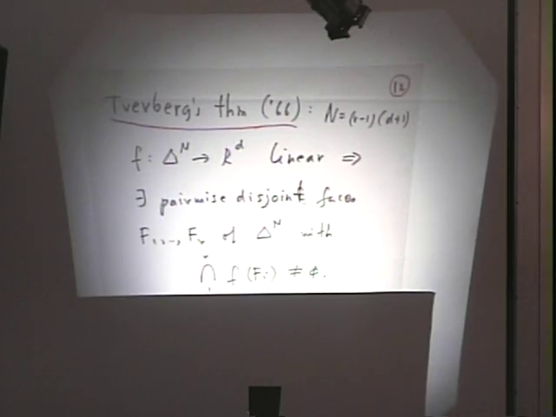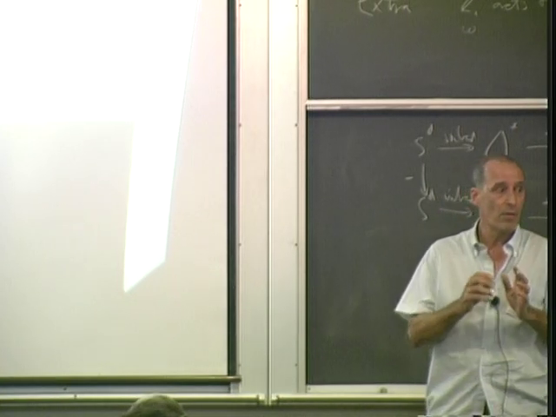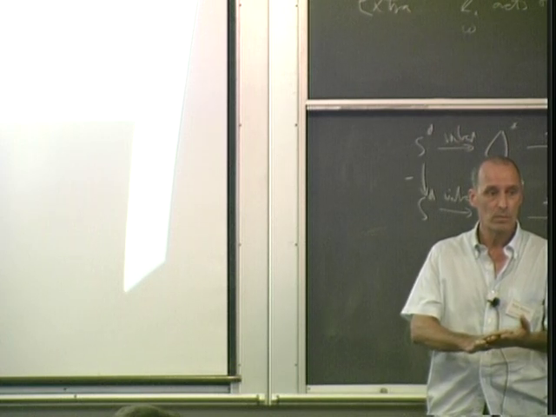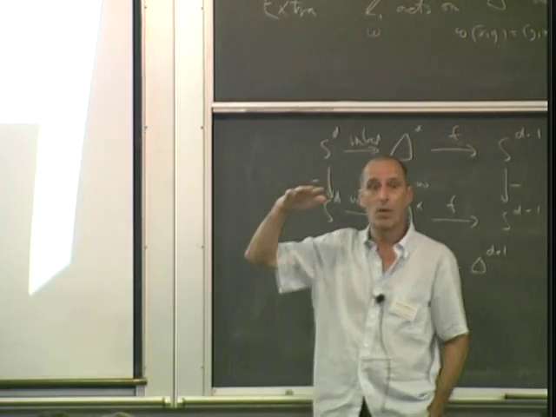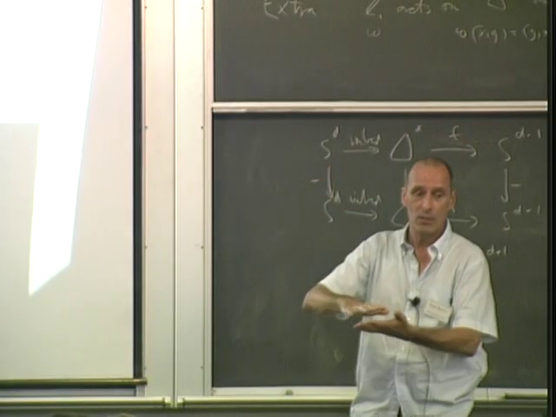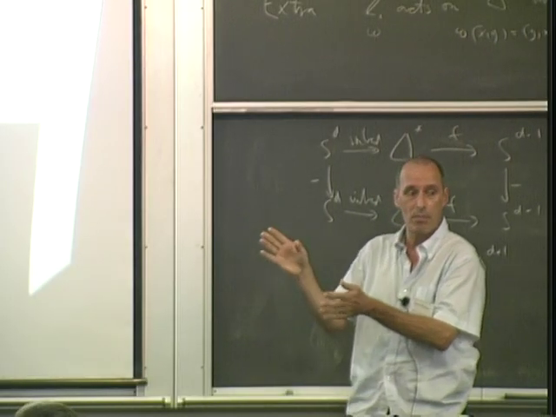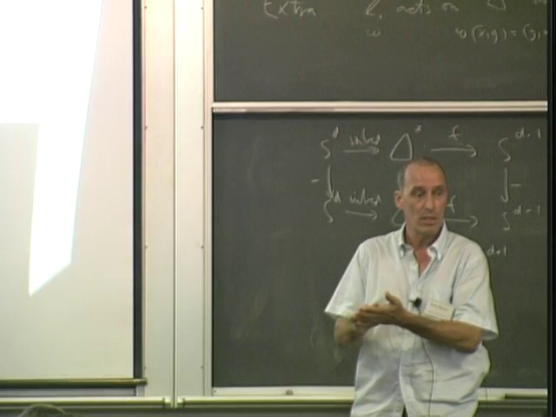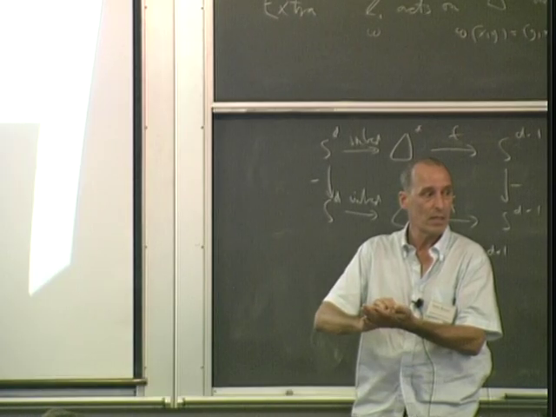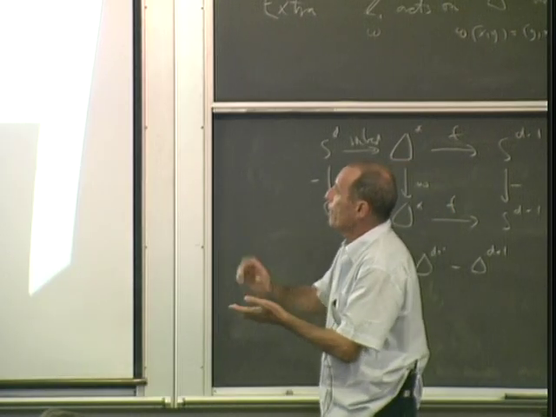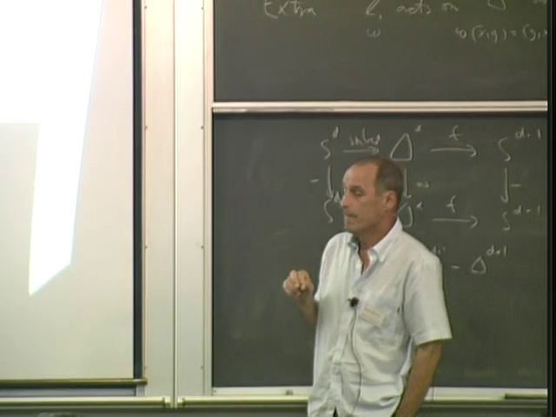Then there are pairwise disjoint faces F1, ..., Fr of delta n, so that their images have a point in common. If you translate it back to points, that is the vertices of delta n, n+1 points come down into d-dimensional space. That means that if you have n+1 points, (r-1)(d+1)+1 points in d-dimensional space, then there is a splitting into r disjoint sets whose convex hulls intersect. So the question is again whether you can replace linear by continuous or not.